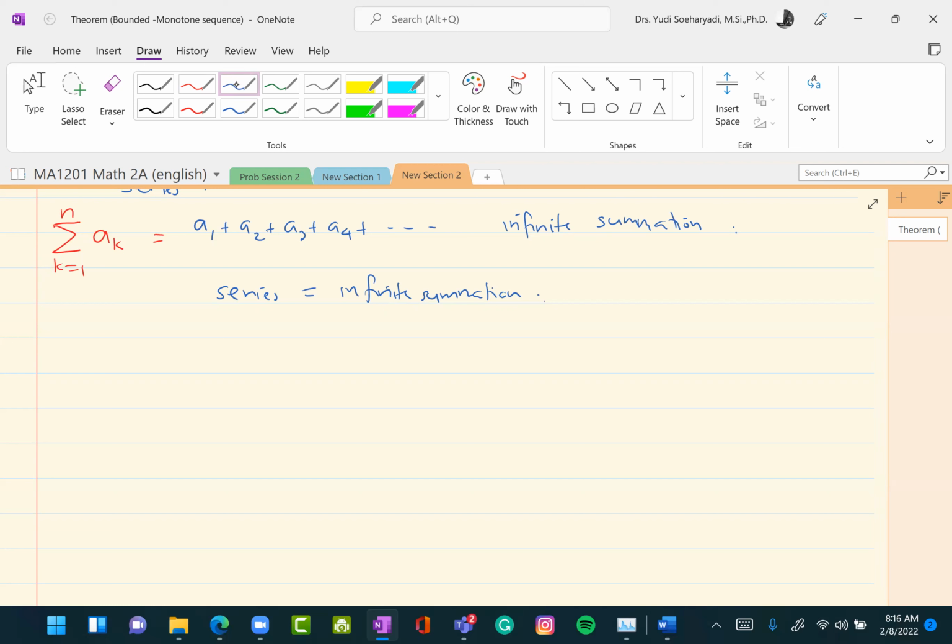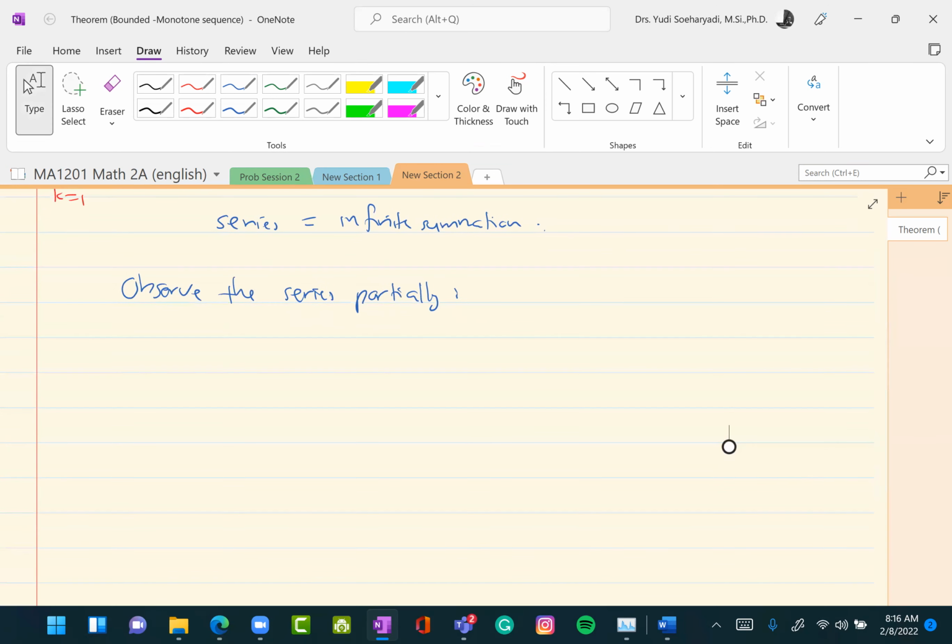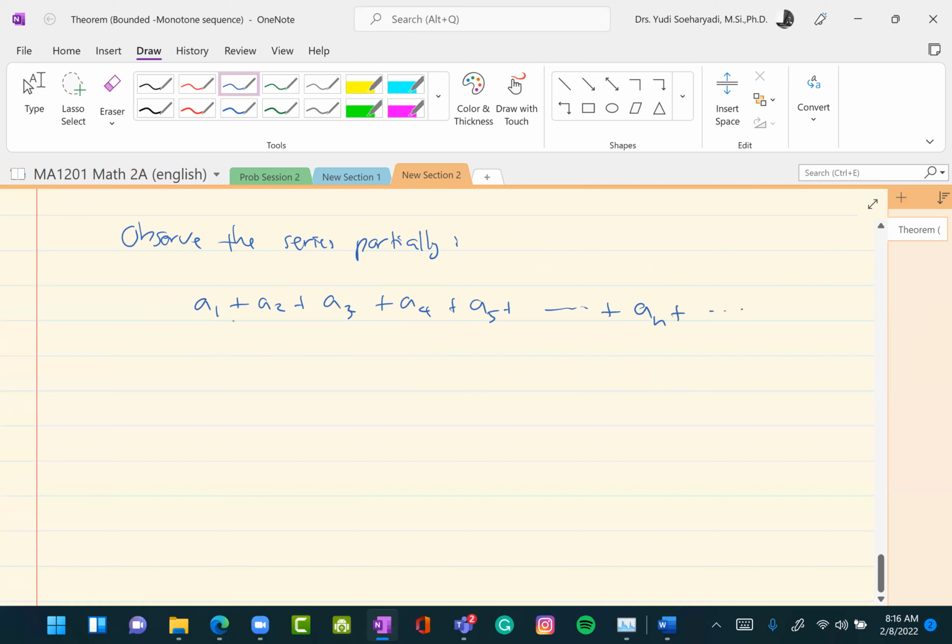What do we mean by partially? Here, partially means something like this: a1, a2, a3, dot dot dot, a n. And we look at the finite sum.